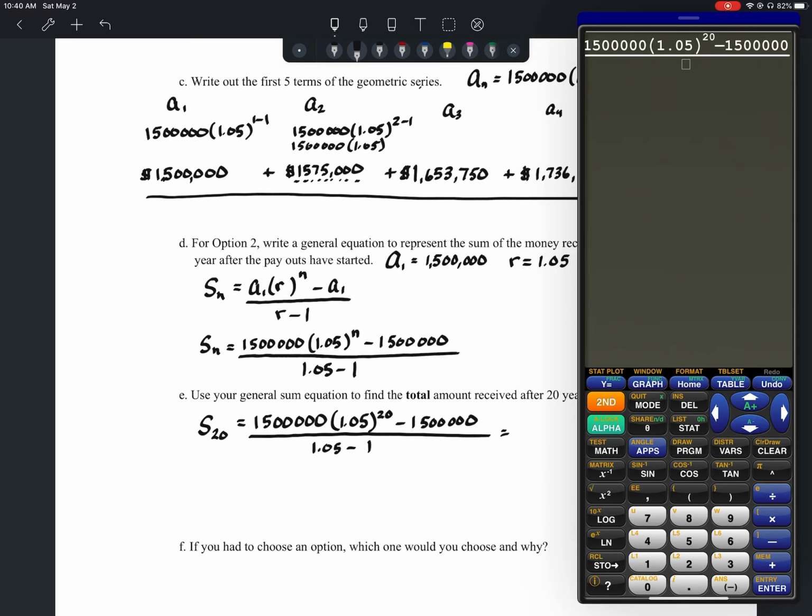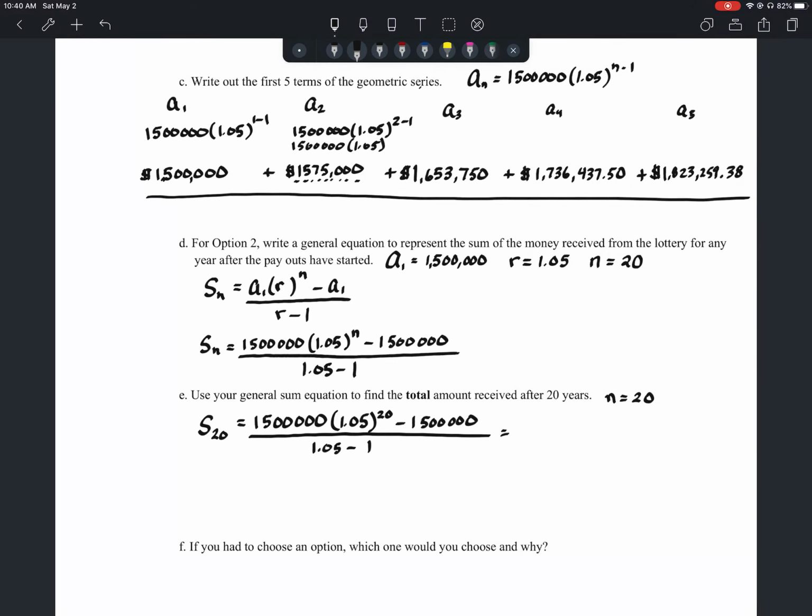You're actually using the subtraction there. So our answer looks like we're going to get $49,598,931.15. Awesome. So let's put that down here.